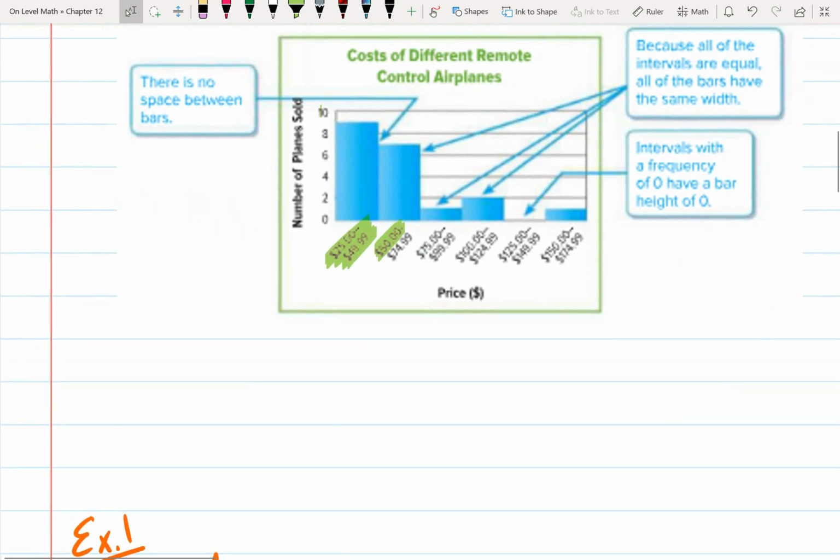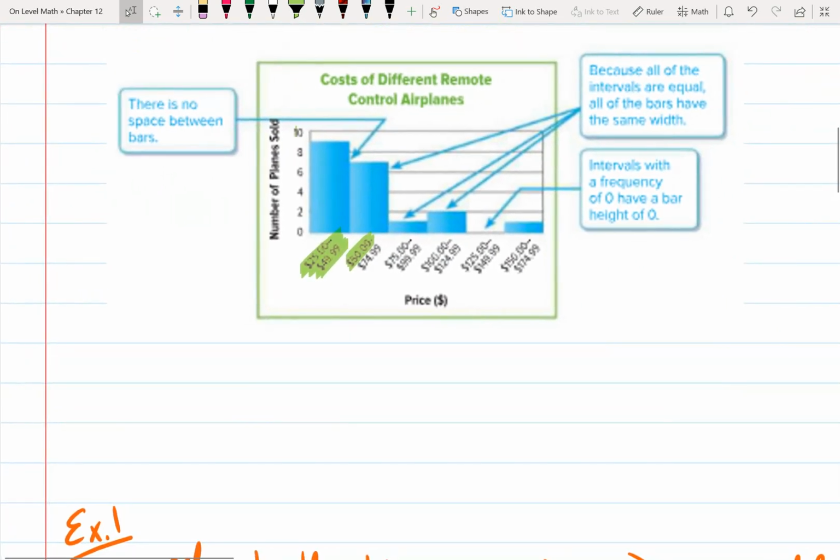Alrighty, so there are 2 things that you'll be asked to do for the homework. The first is to describe the data. So here, I described all kinds of data. I said there were 7 planes sold that were between $25 and $49.99. Or we could say most planes that are sold at this store are between $25 and $49.99.